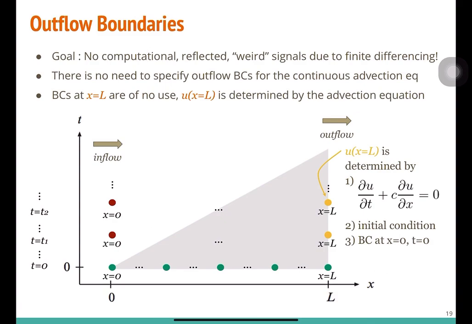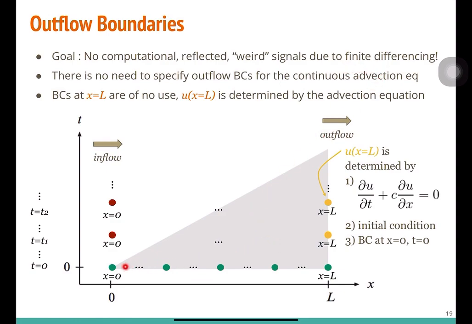Okay, so next we talk about the outflow boundaries. What are the outflow boundaries in here? The goal that we want to achieve is that we have no computational or reflected signal or weird signals due to the finite differencing.